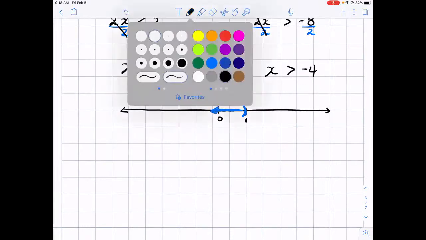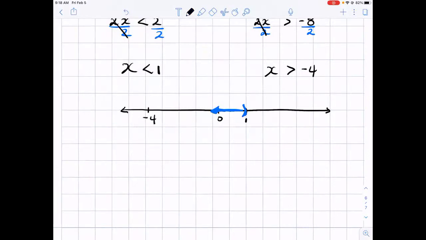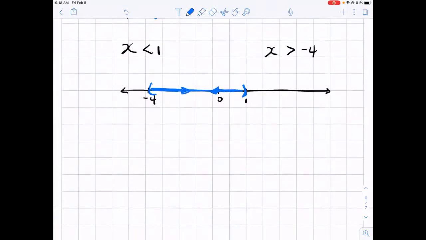And then at -4, x is greater than -4, which means I go towards the right. As I said, you can connect those lines. So now, using my interval, I would have from -4 to 1. Okay? So that's my solution set. From -4 to 1 is my interval notation.